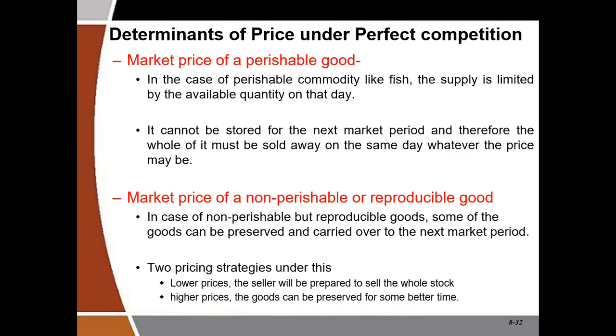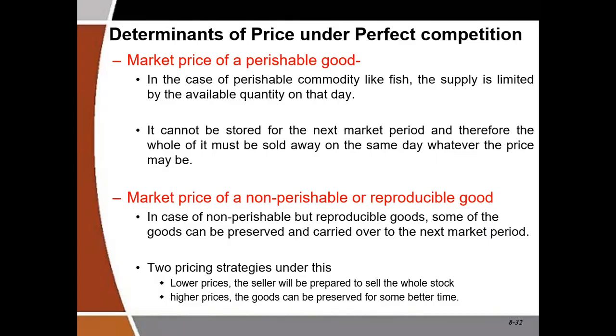On the other hand, if the goods are not perishable, we all know that when we increase prices in a perfectly competitive market, nobody will buy. So if you think that next year the association of sellers is going to increase the price and you want to wait till next year, you can increase your price so that nobody will buy, then wait for a better market period and sell.